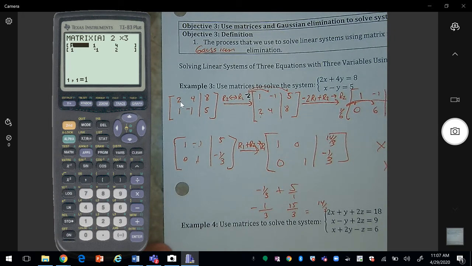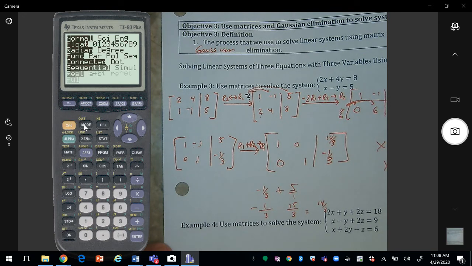So I'm looking right here. So 2, 4, 8, 1. Actually, let me go back. 1, -1, and 5.